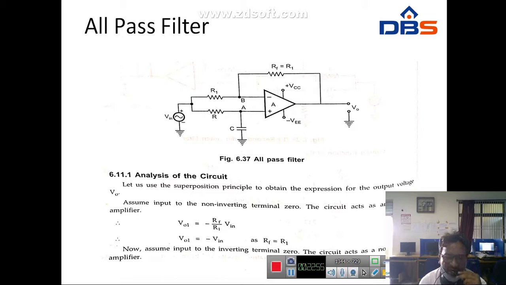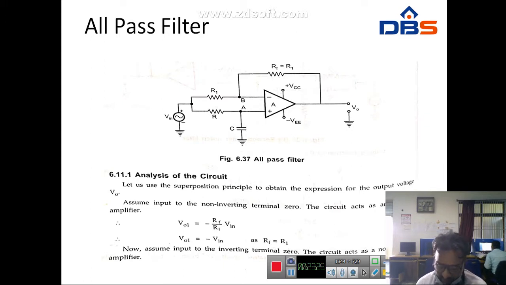Now we assume the input to the inverting terminal is 0, so the circuit acts as a non-inverting amplifier.